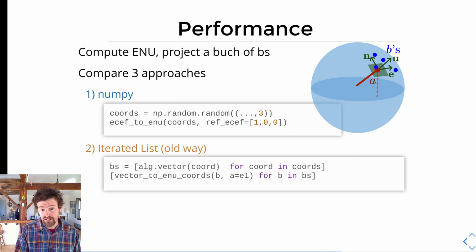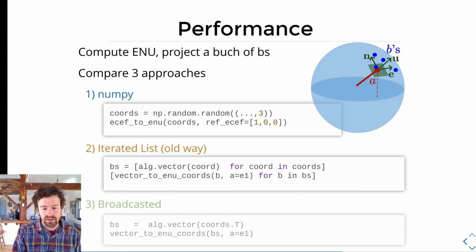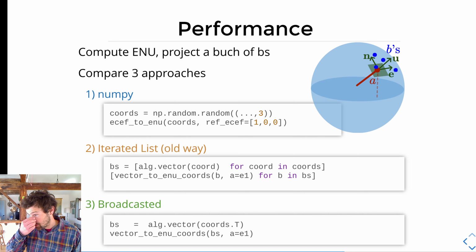The second way is basically an iterated list way. So that's using the Kingdon functions I showed you without their internal broadcasting methods. So it's basically going to iterate through a list of the coordinates and apply the function to each one. And then the third method is a broadcasting method.